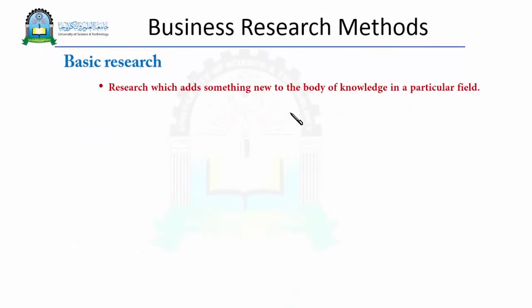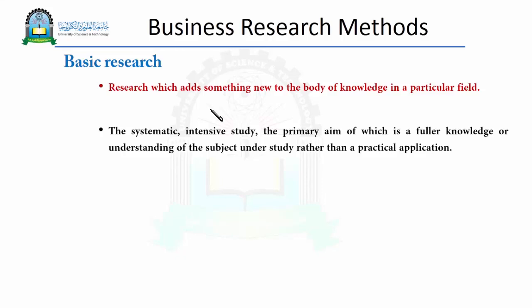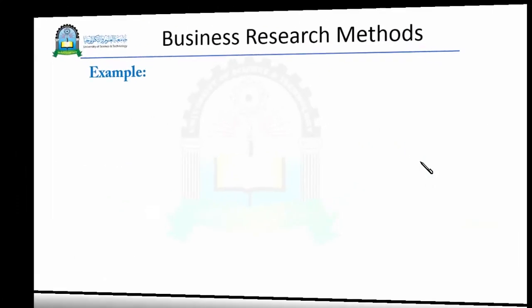The basic research, as I said earlier, is research that can add something new to the body of knowledge in a particular field. So adding, improving or developing a variable, developing a theory, coming up with new models, it is theory. What is added in theory is going to be a basic research. Again, it is systematic and intensive study, a primary aim of which is fuller knowledge or understanding of the subject under study rather than a practical application. So a development is also part of that.